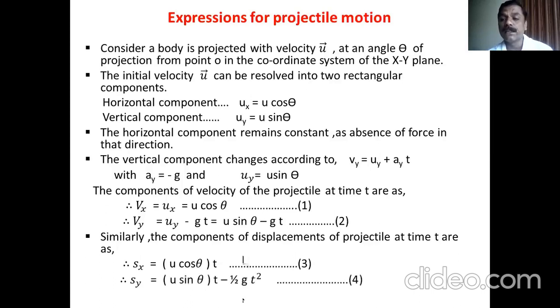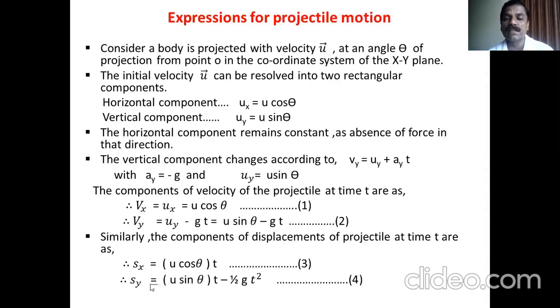Similarly, you will find here the displacement along the y-axis, which is given with the help of the second kinematical equation, that is S is equal to ut plus half at square. But here it changes for Sy, the displacement along the y-axis. u is replaced with u sin theta because it is the velocity along the vertical direction.